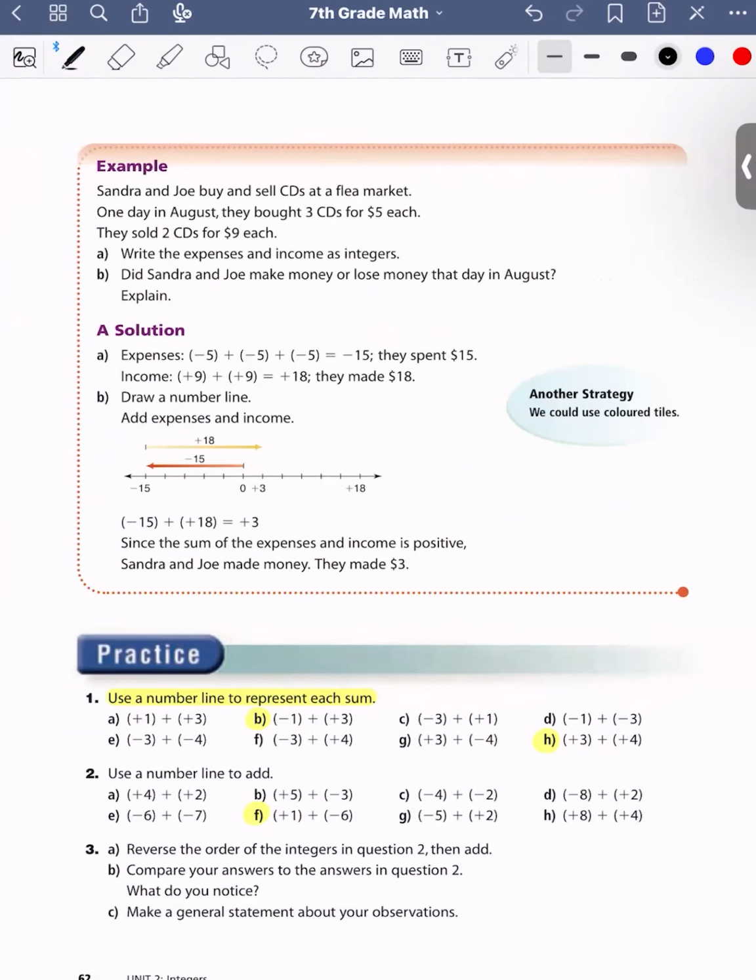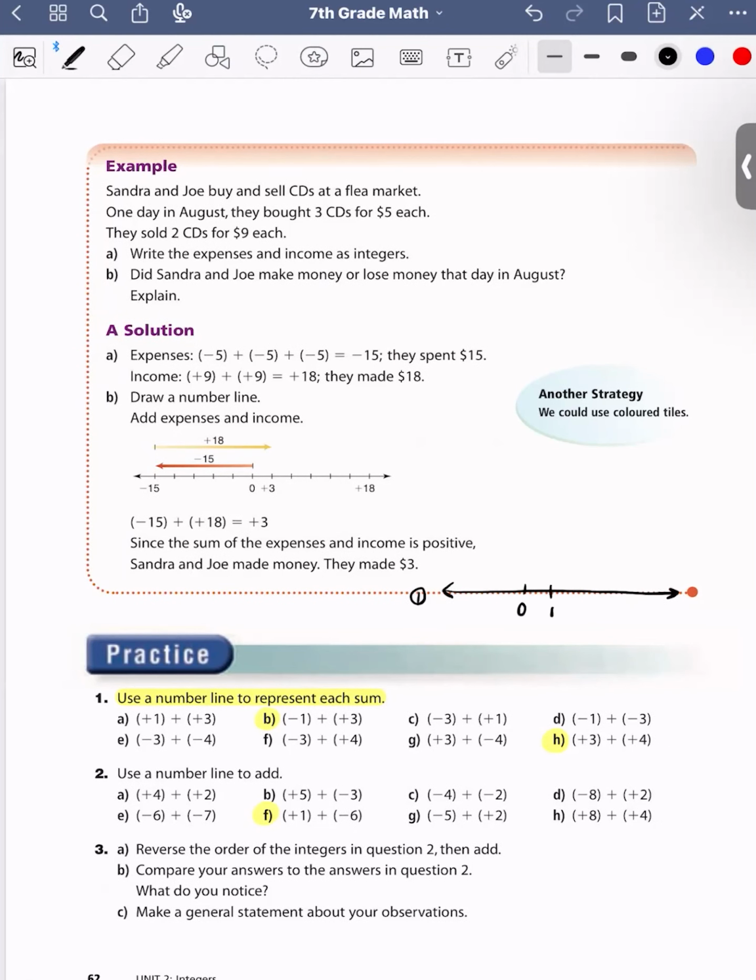Okay, let's solve it together. So for the first option, we can start from 0, right? So say this is 0, we have 1, 2, 3, 4, negative 1, negative 2. To solve this, we start from 0. We go 1 unit towards the negative direction. And then from there, we go 3 units long towards the positive direction, which will give us 1, 2, 3, plus 2.